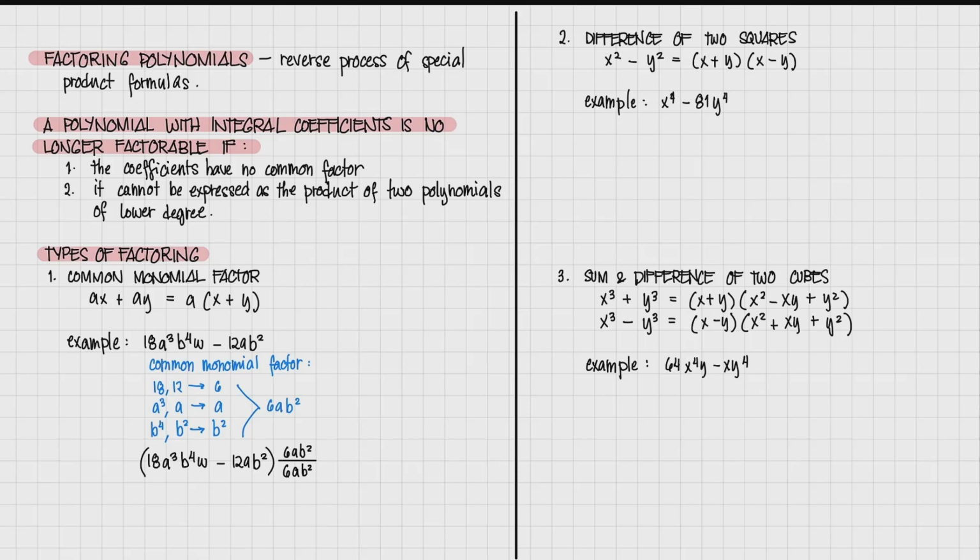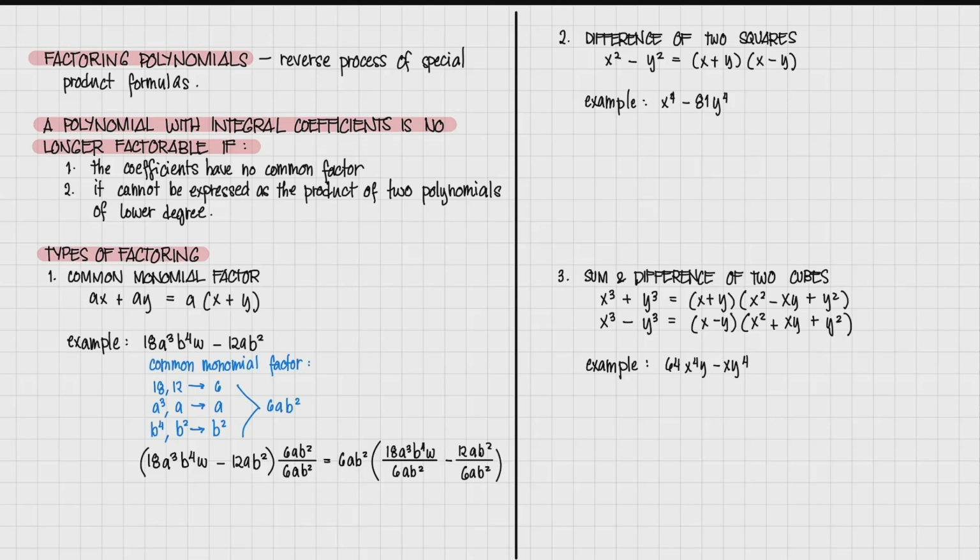There. So from this, what do we get? We get 6ab squared times the quantity 18a raised to 3 times b raised to 4 times w, all over 6ab squared, minus 12ab squared divided by 6ab squared.